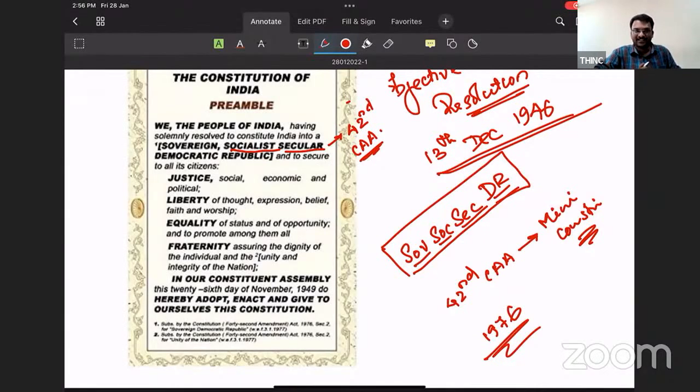Liberty of thought, expression, belief, faith, and worship. Equality of status and of opportunity, and to promote among them all. What is the scope of a question from here?